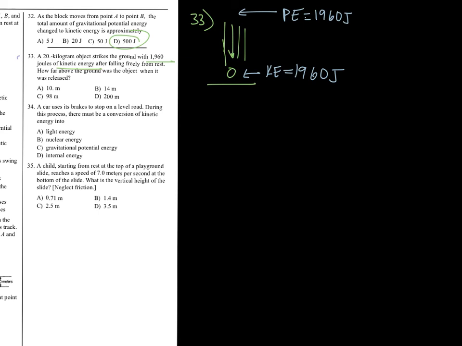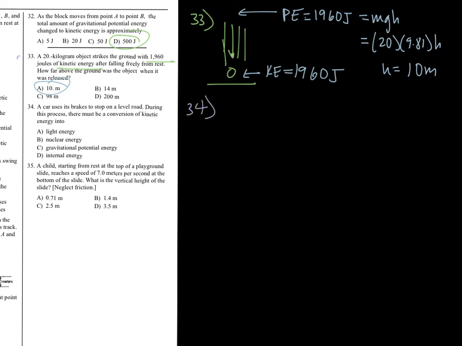We have to figure out how high above the ground it was. Knowing that potential energy is mgh, we can figure that out. 20 kilograms times 9.81 times h, where h should be approximately 10 meters if I'm doing the math correctly in my head. Yep, choice A.